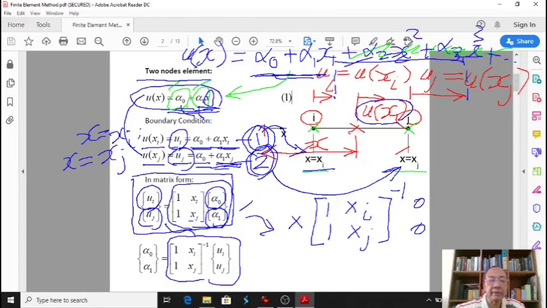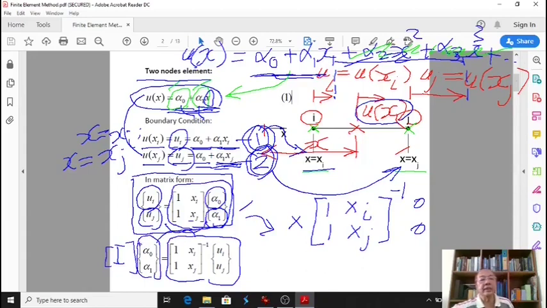So if we multiply to this, we will get an identity matrix. Okay, an identity matrix, and this is alpha, we multiply one more to alpha 0 and alpha 1. So this is here.